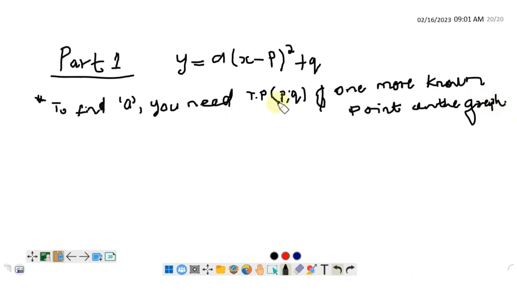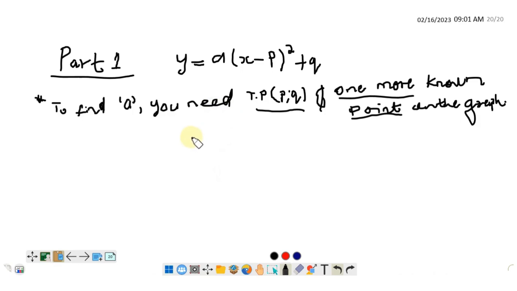So if you have the coordinates of the turning point and one more point, then you can find the value of a.